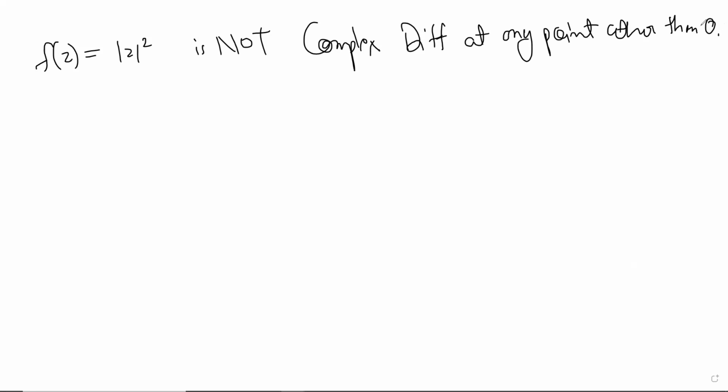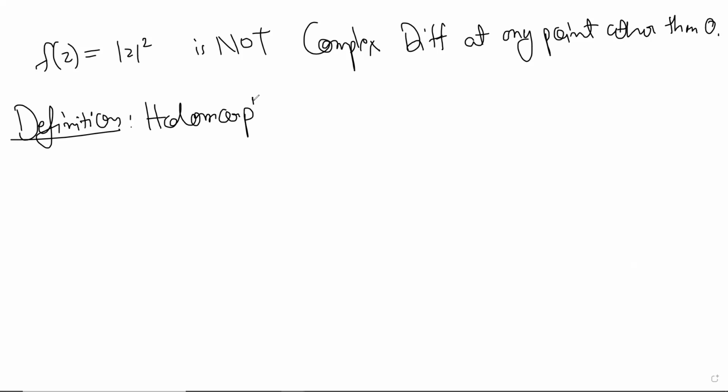Why are we seeing this? Because we will soon see that being complex differentiable only at a point is pretty useless from the perspective of the theory. We'll see the reasons for that, and meanwhile we can make a definition. Definition: a holomorphic function.